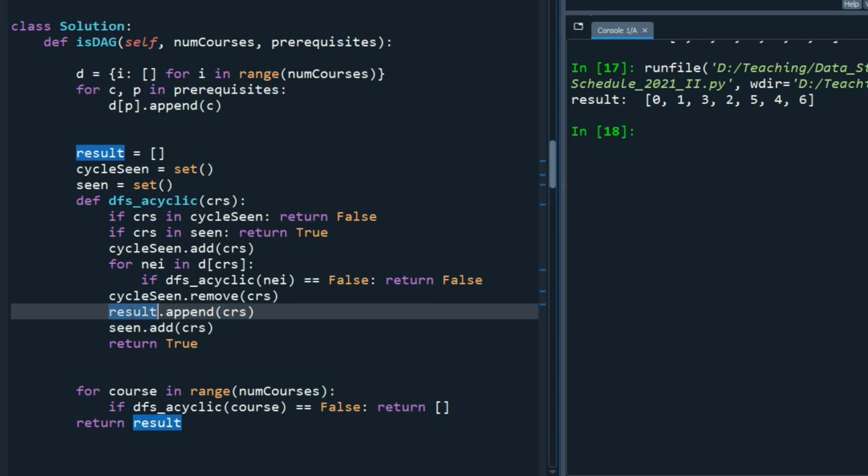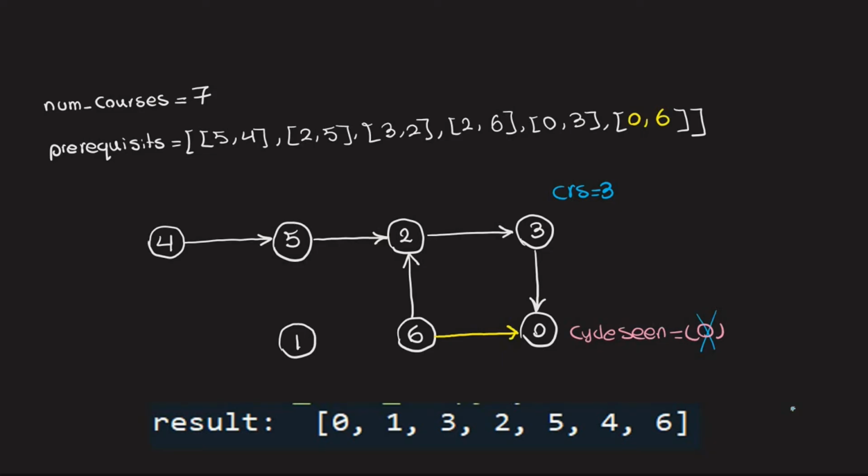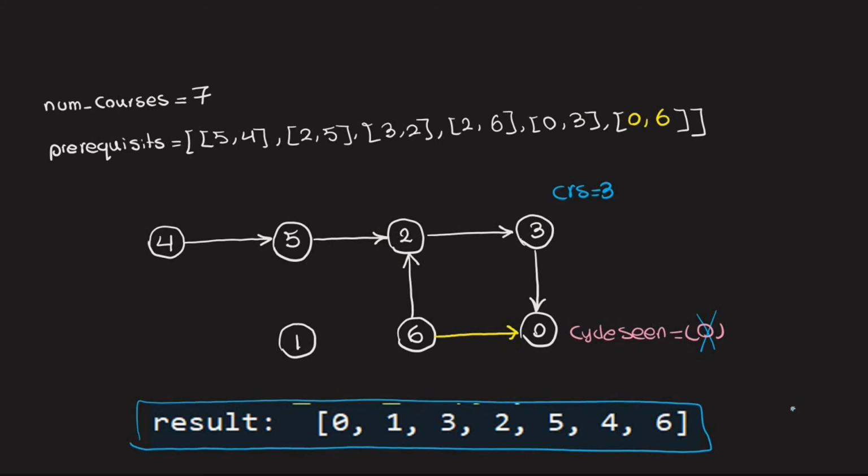So as we are saving these things to our results based on the finished nodes, at the end, we are gonna have a reverse direction from what the problem is asking from us. So let's look at that. If you look at the result here, we can see this is actually reverse to what the problem is asking us, because now we save the nodes based on whatever it is finished. So for example, 0 got finished first.